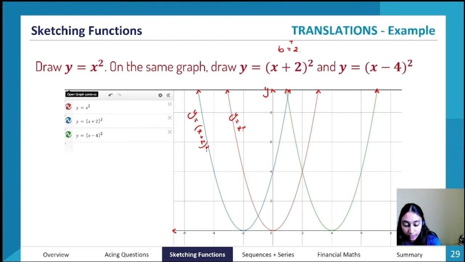And now let's take a look at this one over here. Our b is equal to -4. So b in this case is a negative number. Negative means we're moving to the right. And by how many places? 4.